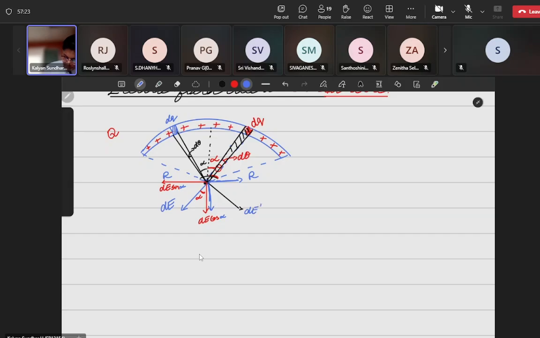So the same alpha value, and here also this will be alpha, and dE dash cos alpha, dE dash sin alpha. Oh, sorry. Sin alpha, and this will be dE dash cos alpha. The electric field is not going to change. The distance is the same, radius r. So sin component and sin component will cancel each other out.